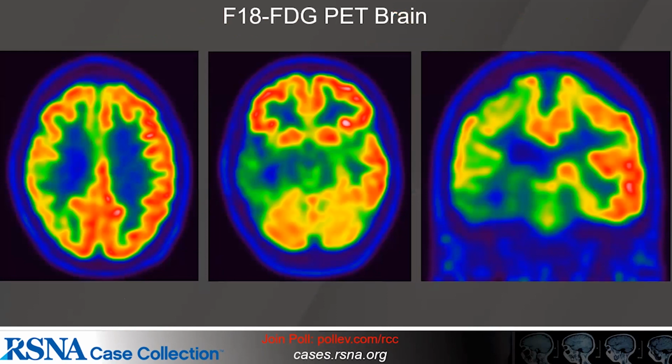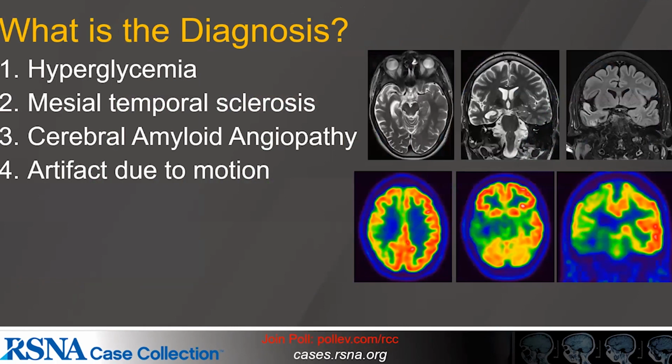We're also showing you axial and coronal FDG PET images of the brain. Next. So based on these images, what do you think is the likely diagnosis? Is it hyperglycemia, mesial temporal sclerosis, amyloid angiopathy, or artifact due to motion of the patient during the scan?